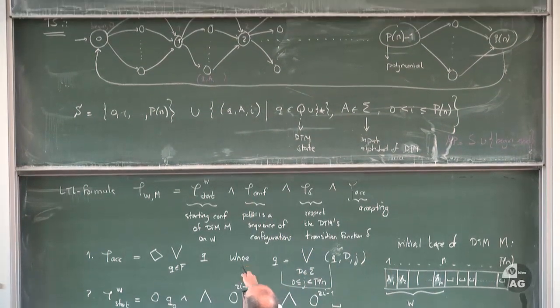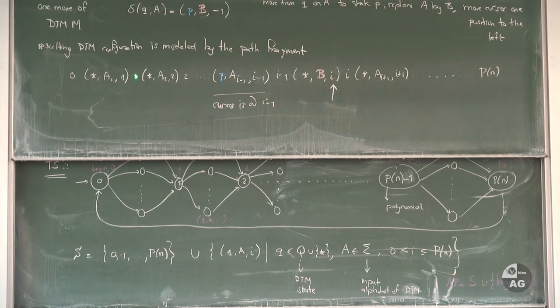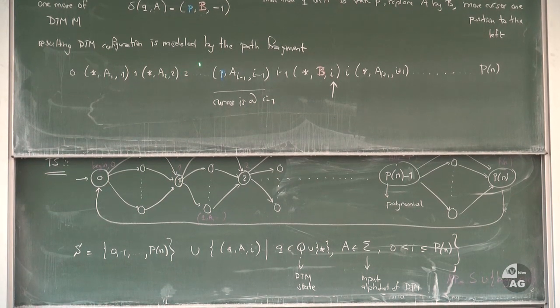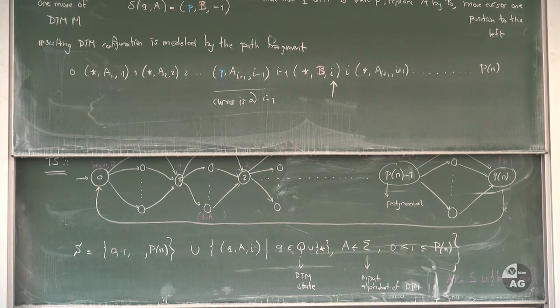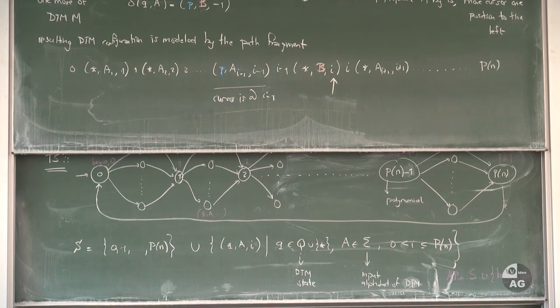Here is symbol A1. Then I have one symbol that I need to skip, and then I have A2. Then I have one symbol to skip, then I have A3, and so forth. So this is 2 times 1 minus 1. This is 2 times 2 minus 1, etc. Good. So that's why I have this 2i minus 1.